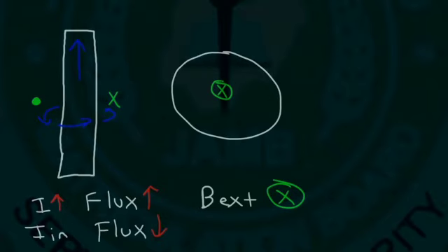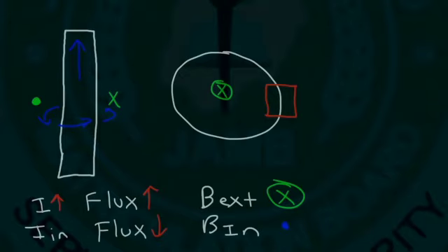Now, because the induced current wants to oppose the increase in flux, the induced magnetic field has to be opposite to the external magnetic field. So it has to be out of the page at the center. Let's use a different color. Let's use blue. Now let's focus on this segment.